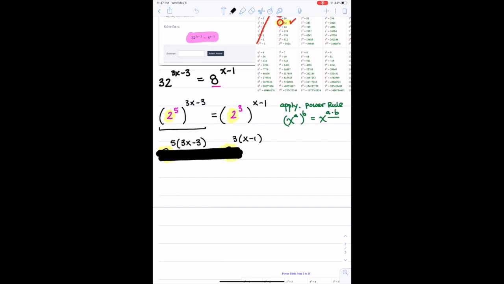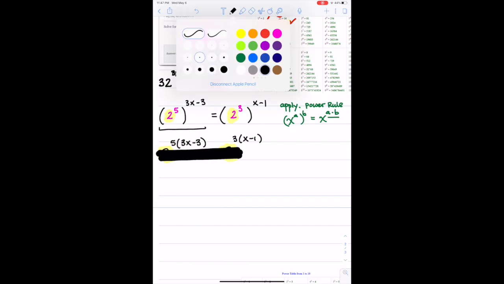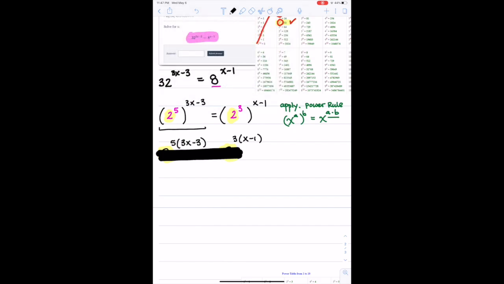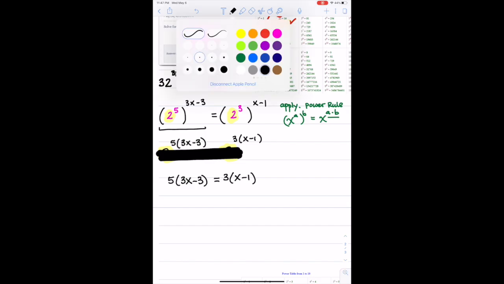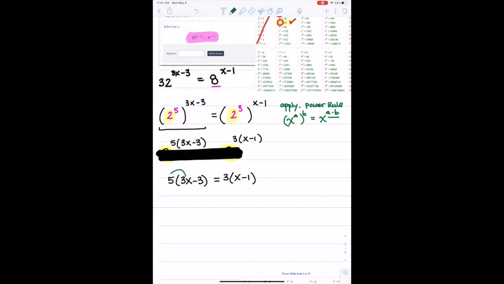So my problem becomes 5 times 3x minus 3 is equal to 3 times x minus 1. So again, I can go ahead and distribute.